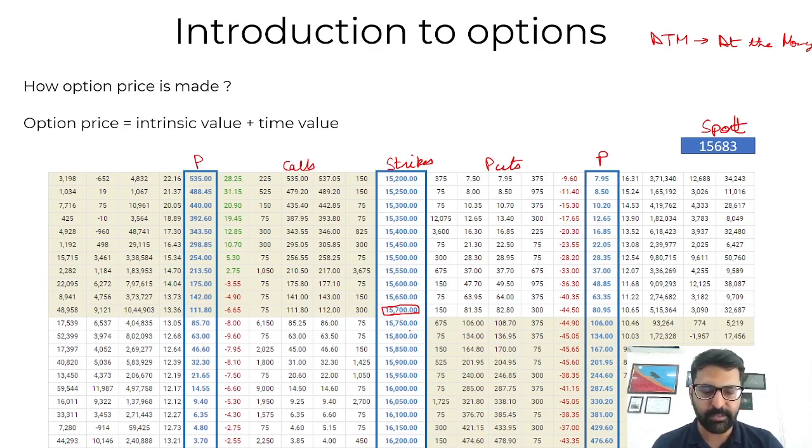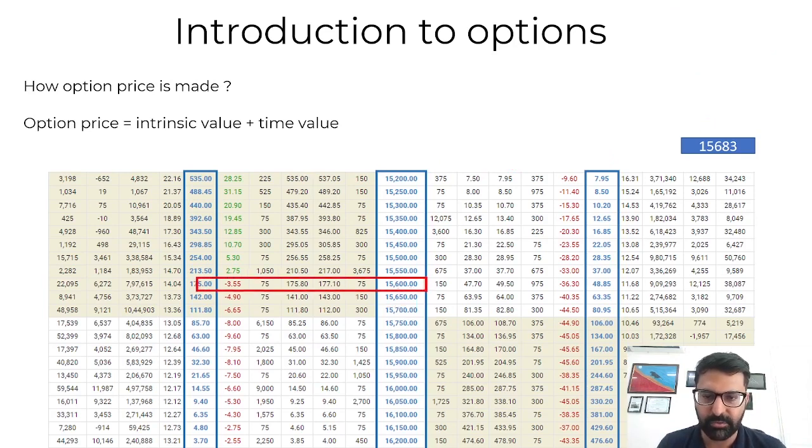And then from at the money, whatever has an intrinsic value, we'll come to what is ITM and OTM. But before that we need to understand the concept of intrinsic value. Okay, so what's intrinsic value? Let's pick up this strike, 15,600.